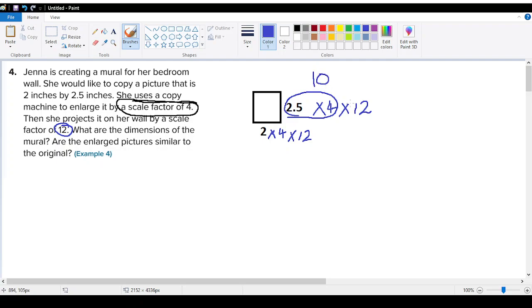Now 10 times 12. You don't multiply this with that and this with that. That happens if you have a bracket and there is a plus between them. So 2.5 times 4, how much? 10. 10 times 12. 120. That's correct. Now do this one.